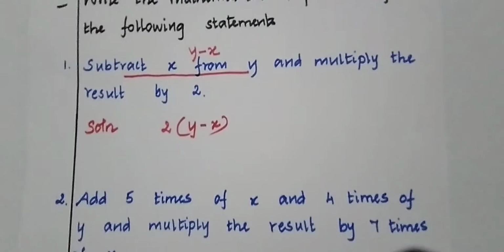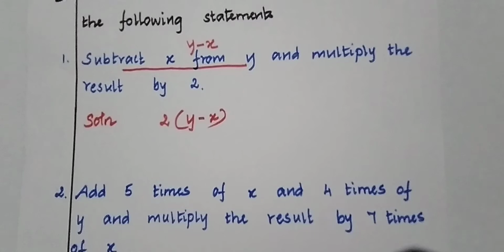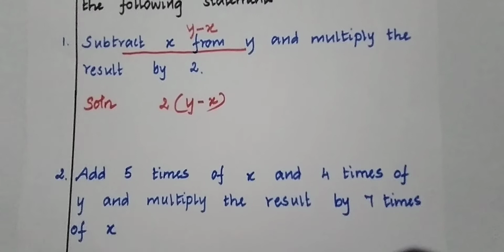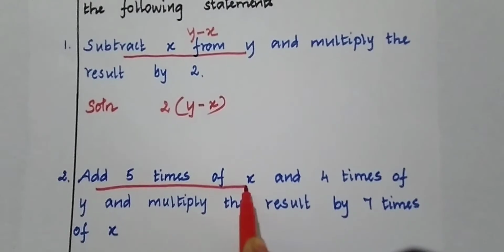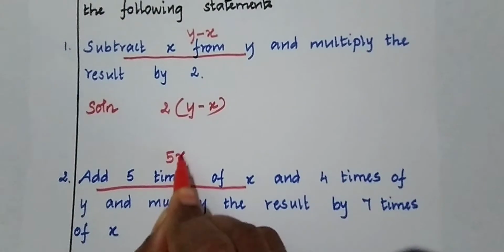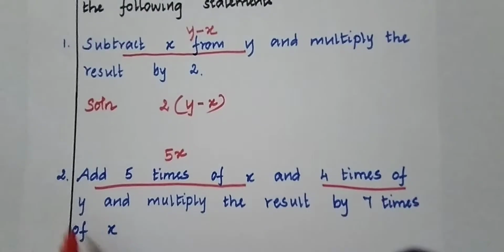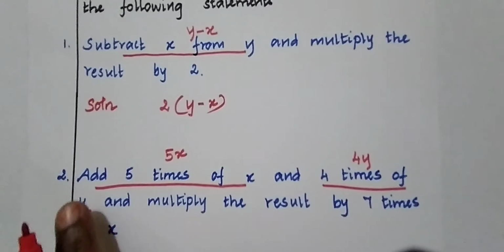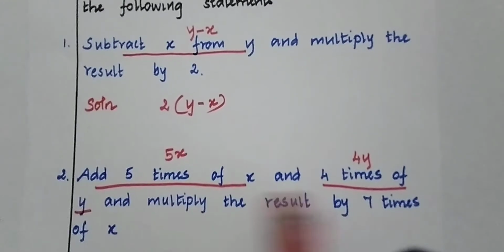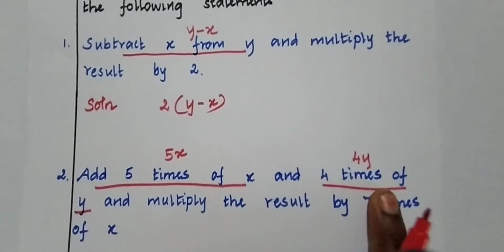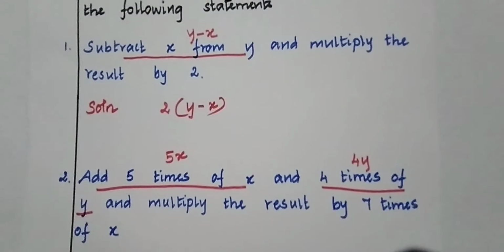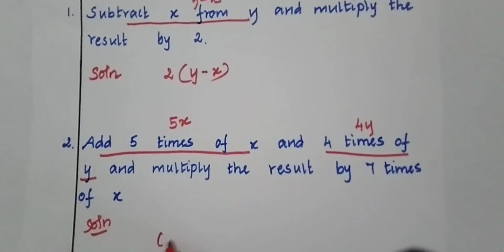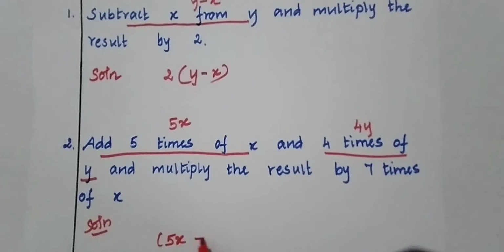Second question, add 5 times of x and 4 times of y and multiply the result by 7 times of x. 5 times of x is 5x. 4 times of y is 4y. Now you have to add 5 times of x and 4 times of y.